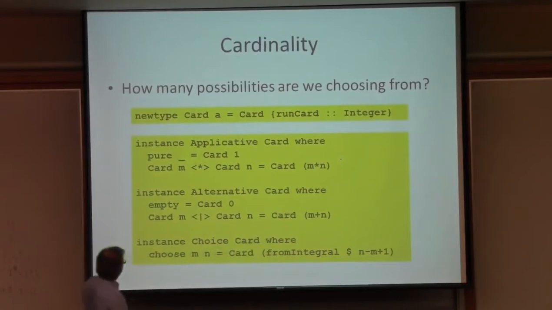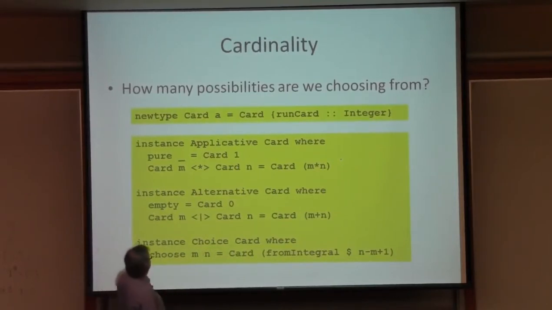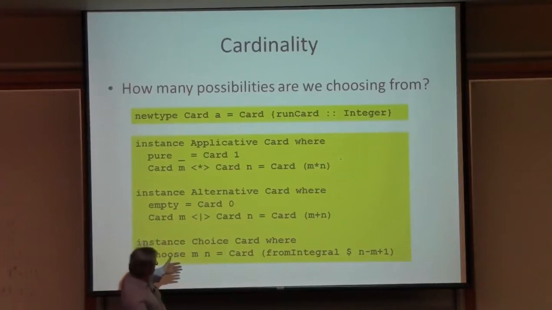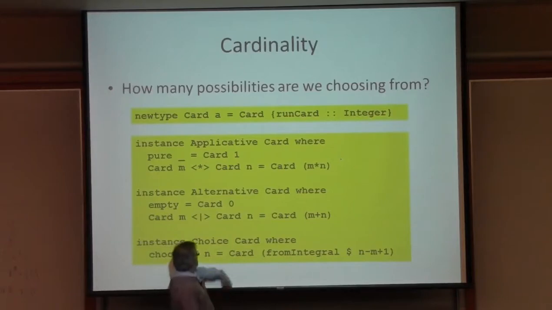OK, so let's think about the applicative interface. What's the cardinality of the set generated by a pure generator? Well, 1. It always generates the same value. What about application? Well, if I can generate m different functions and n different arguments, then I've got m times n ways of combining those. What about alternative? Well, the empty generator doesn't generate anything at all. Cardinality 0.